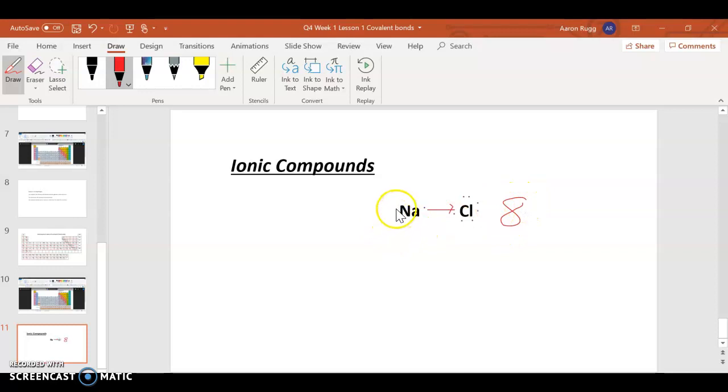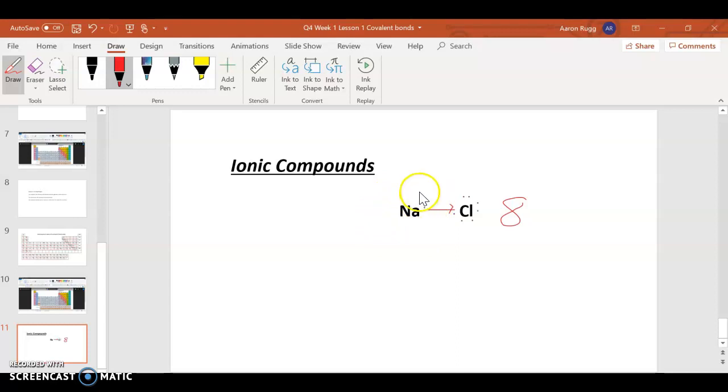By losing its electron, sodium also has 8, right? Because it just started filling, remember the orbitals, right? The energy levels was all covered in quarter 3 when we talked about chemical bonding. So this is all review.